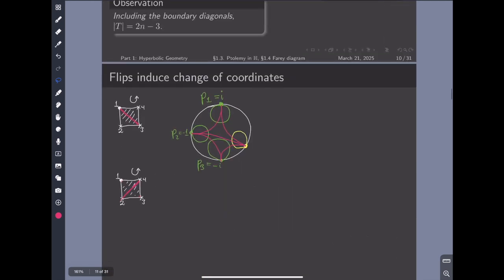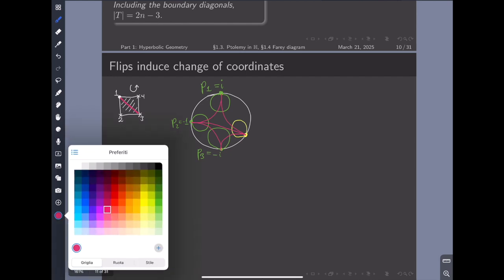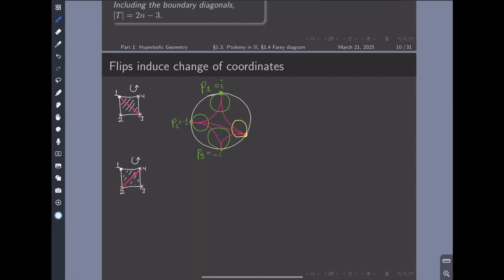Because you see that the thing is that now, as functions defined on the decorated Teichmüller space, I have the equality lambda 1 3 is equal to lambda 1 4 times lambda 2 3 plus lambda 1 2 times lambda 3 4 divided by lambda... Sorry, it was the other way around, because this is a new triangulation.